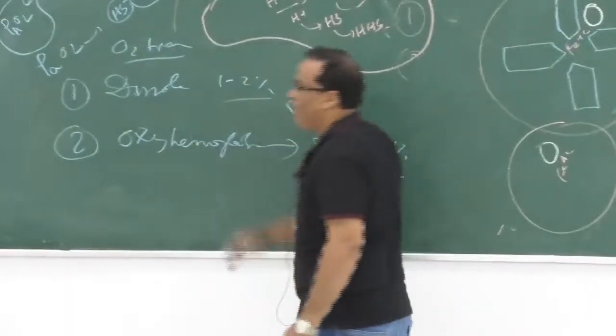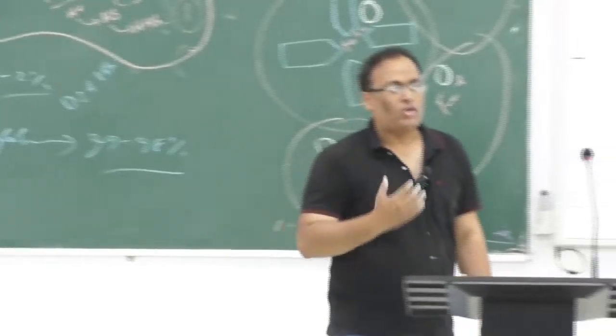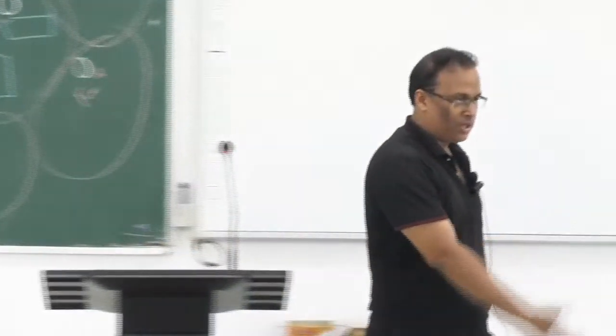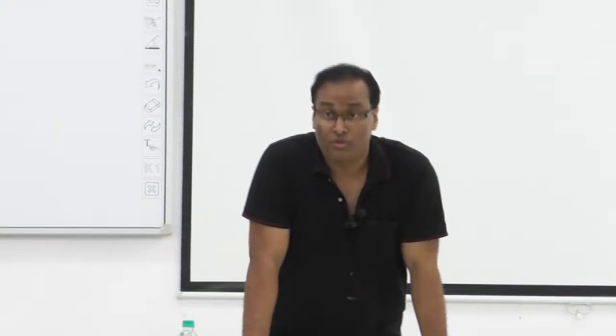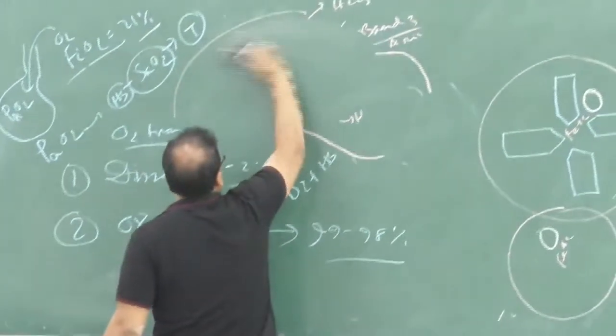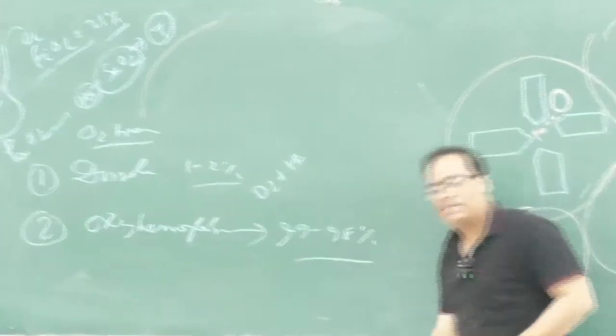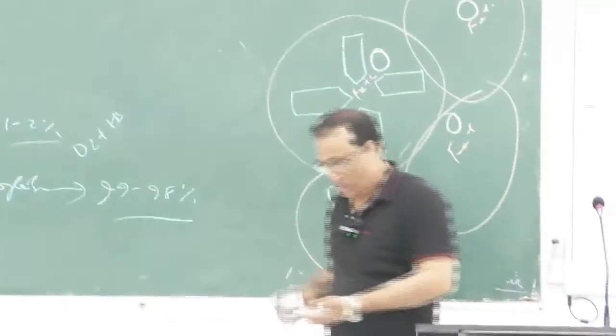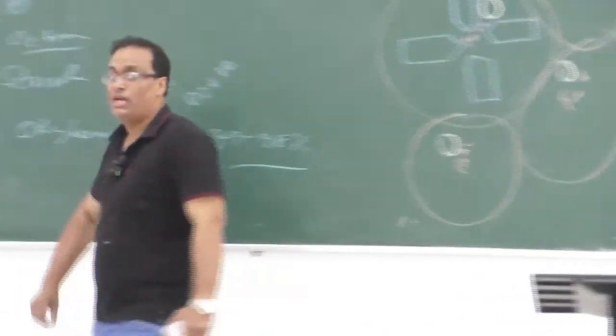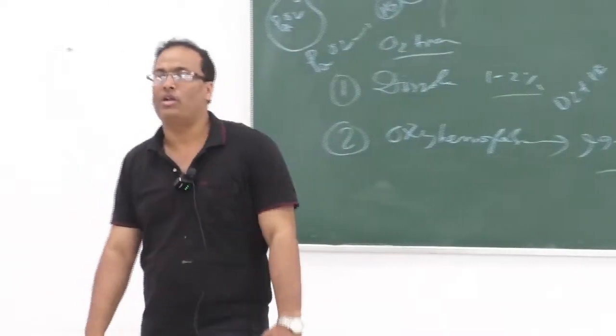So oxygen hemoglobin concentration means oxygen binding with the hemoglobin, saturation, and that's why the term comes: oxygen hemoglobin dissociation curve. This is the next term. The term is, I think, a misnomer, because not only dissociation is happening, association is also happening.